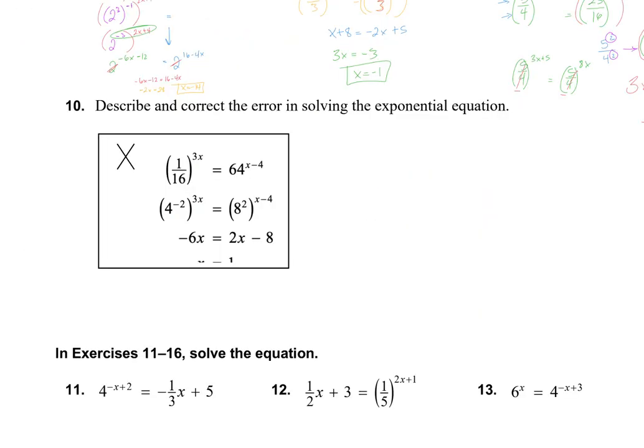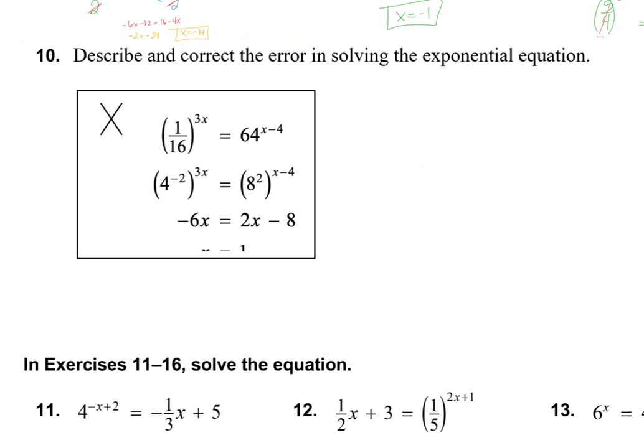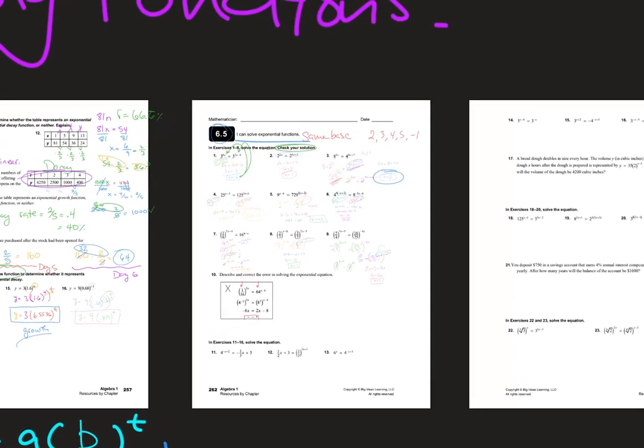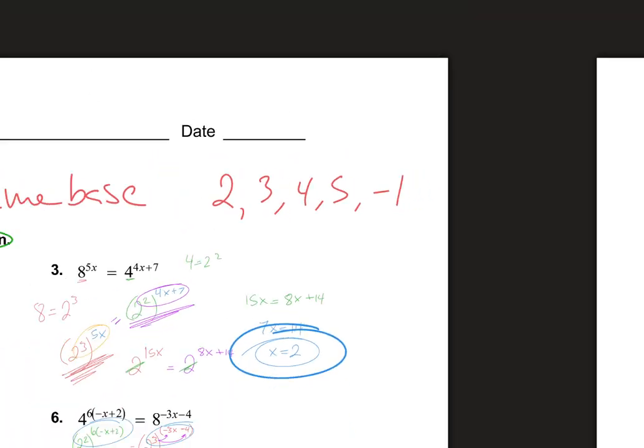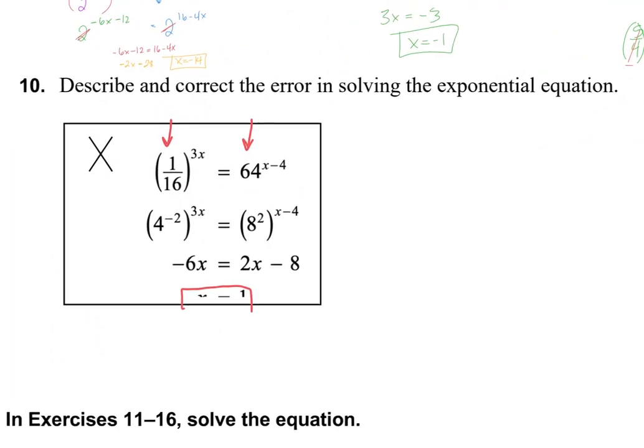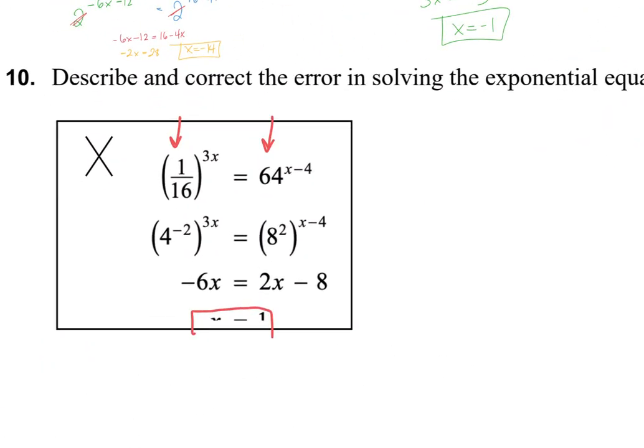Describe and correct the error in solving the exponential equation. Fun fact, the answer is kind of cut off, so we will be solving this. We start right here with 1/16 and 64. So I wasn't a liar when I said we could be using a power of 4. You could also be using a power of 2, but 4 to the third power is 64.